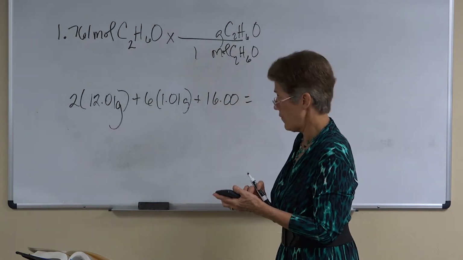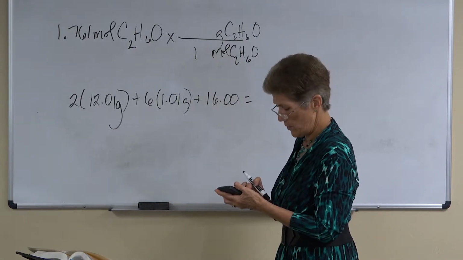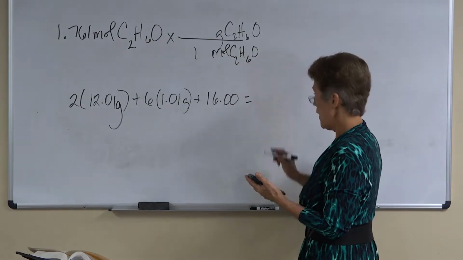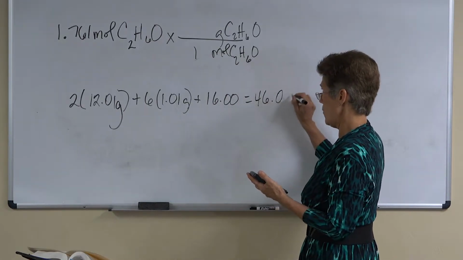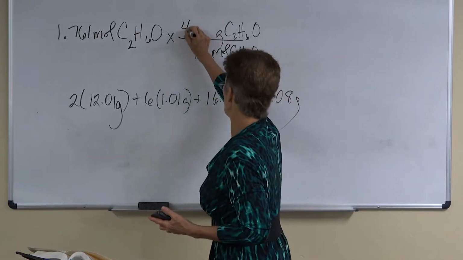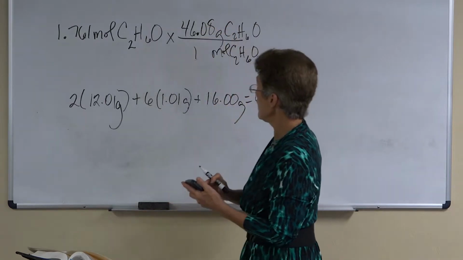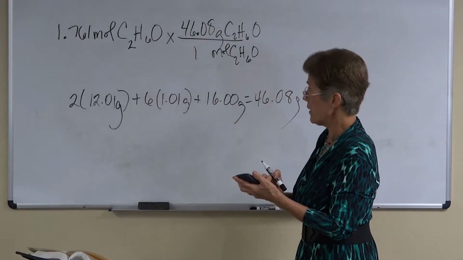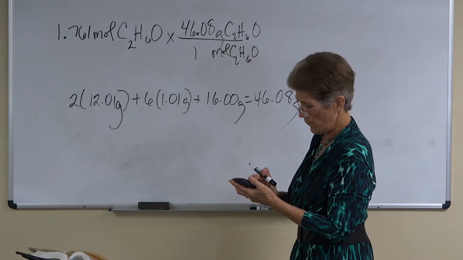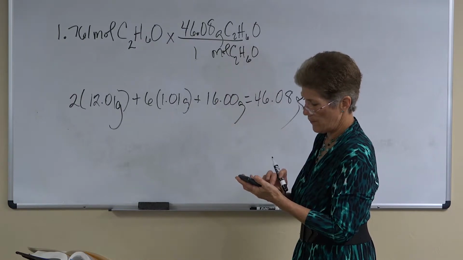Okay, so we have 12.01 times 2 plus 6.06 plus 16. I get 46.08 grams. 46.08 grams, okay. And now I'm going to take that and multiply it, 46.08 times 1.761.